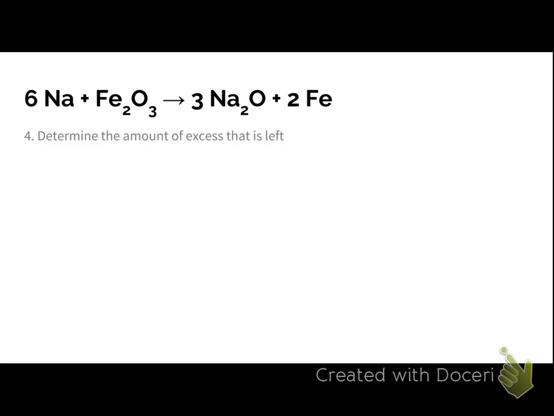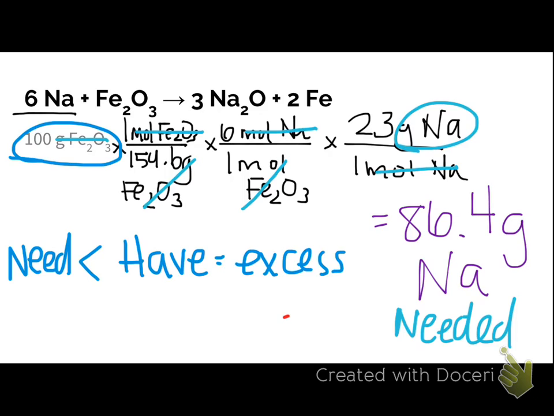Now, if you remember the second problem that we did, let me slide back here, we found out how much of the sodium was going to be used when we used all 100 grams. So we said that in order for us to use all 100 grams of the iron 3 oxide, we would use 86.4 grams of sodium.